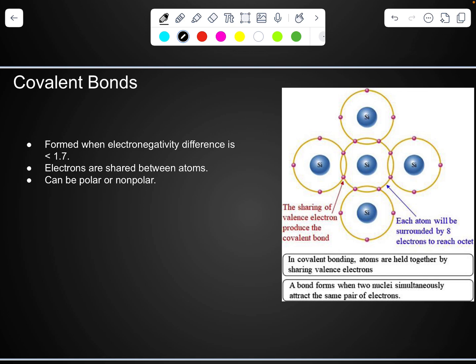Another example would be something like HCl, and in this case, if we go look up electronegativities, we have 3.0 for Cl, and we have 2.1 for hydrogen. The change in electronegativity is going to be 0.9.